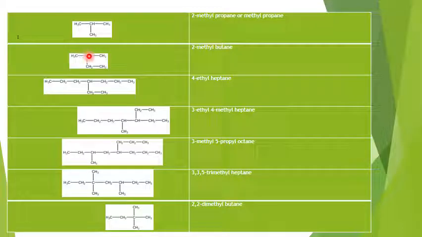So I'm going to just go straight down a clover, and that would be a butane. And then there would be the methyl. If you go from left to right, it comes off number 2. If you start from here, it comes off number 3. So we're going to start this direction. So it's going to be 2-methyl butane.